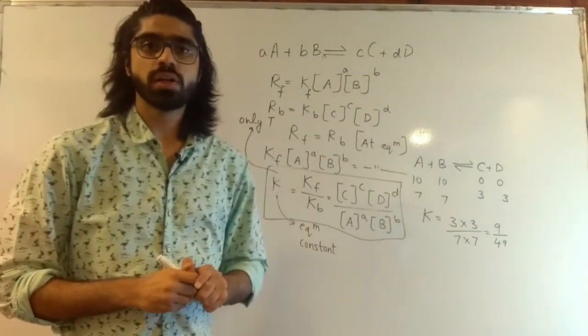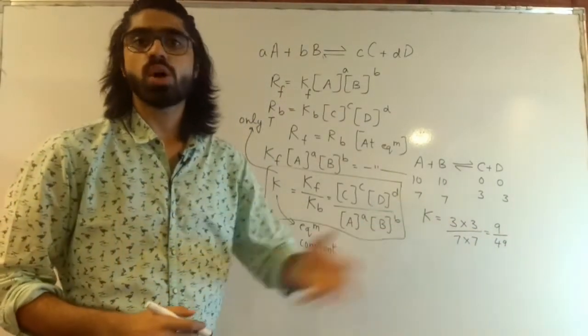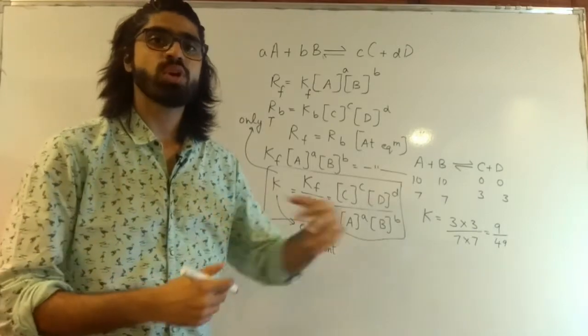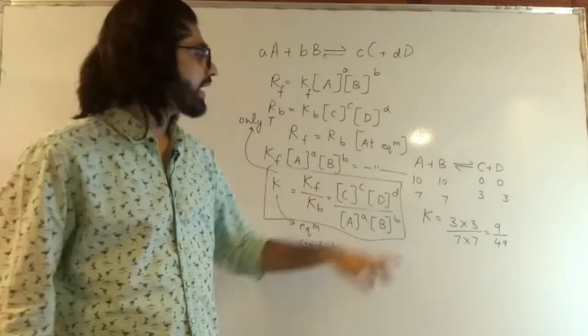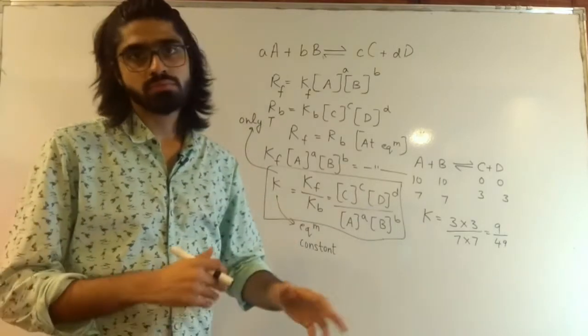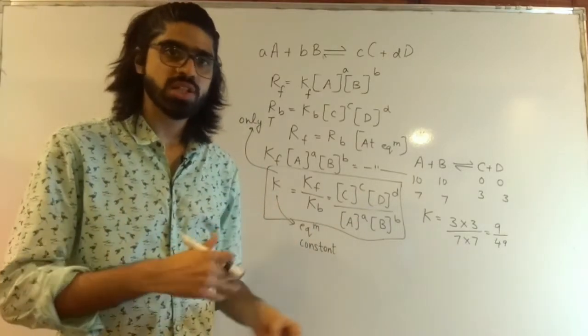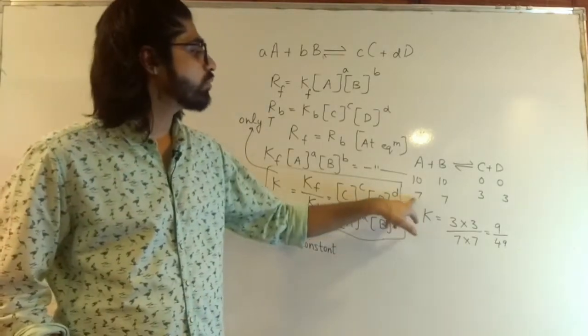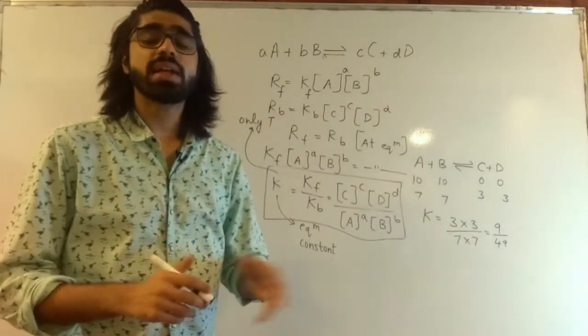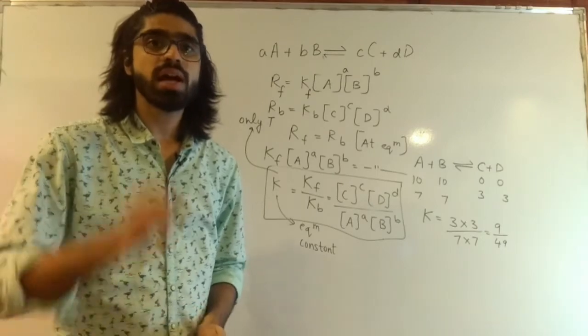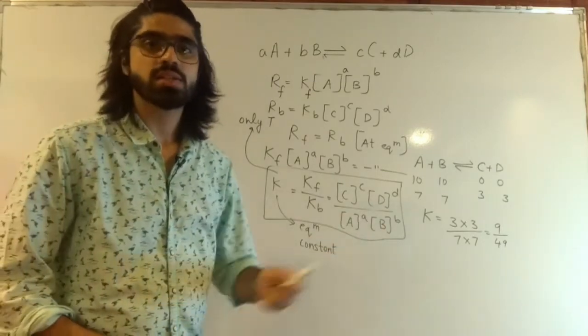Now think over it. What if I change the concentration of any one of the species in this reaction? For now, equilibrium has been achieved, and at equilibrium I have 7 moles of A, 7 moles of B, 3 moles of C and 3 moles of D. Let us say that in this equilibrium condition, I add 5 moles of A extra to the solution.